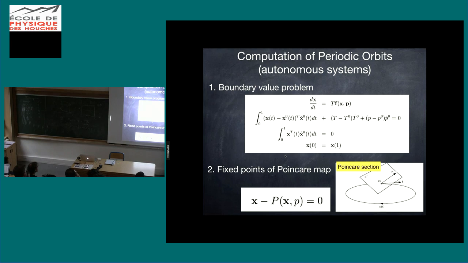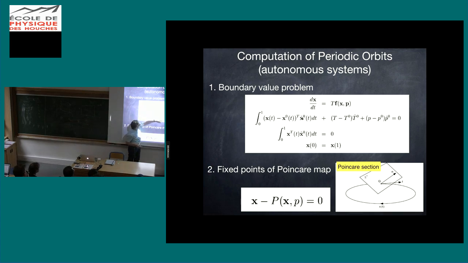Then you use an arc length normalization: you integrate along the orbit to have a tangent normalization. And you have a phase condition, which is needed because you have an invariant along the orbit, so you have to fix the phase of the orbit. Now you have to solve this problem, and it gets a little more extended.